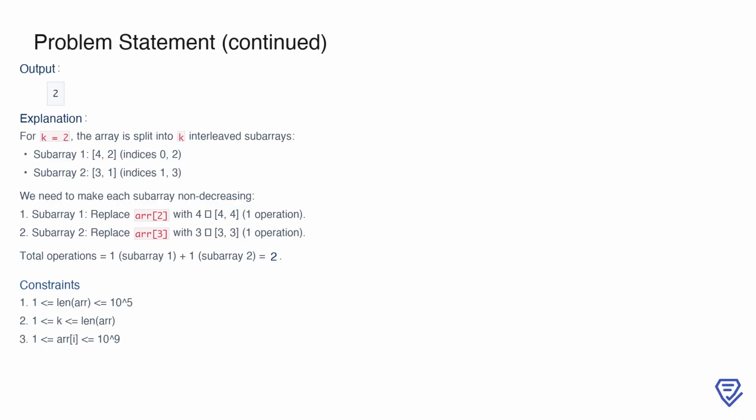For the first subarray, 4, 2, we need to replace arr[2] with 4, resulting in 4, 4. For the second subarray, 3, 1, we replace arr[3] with 3, yielding 3, 3. Each modification involves one operation, so the total number of operations is 1 for the first subarray and 1 for the second subarray, leading to a total of 2. The output for this example is therefore 2.